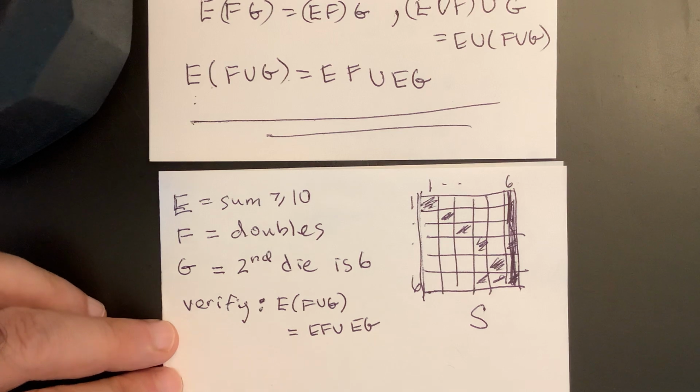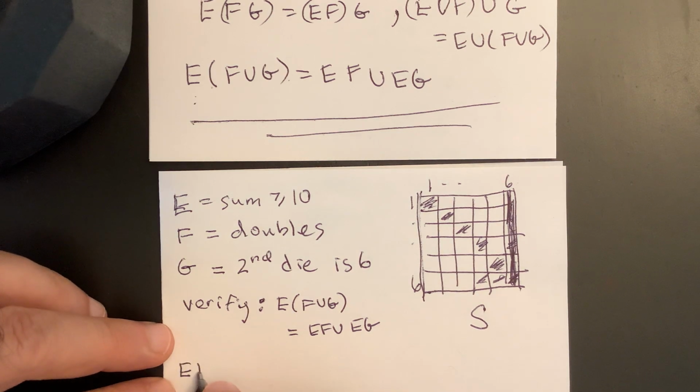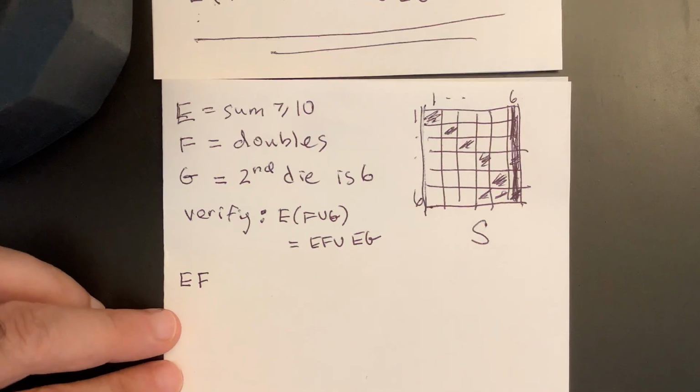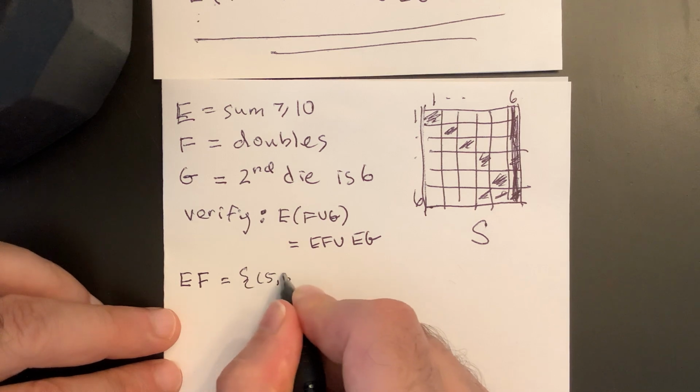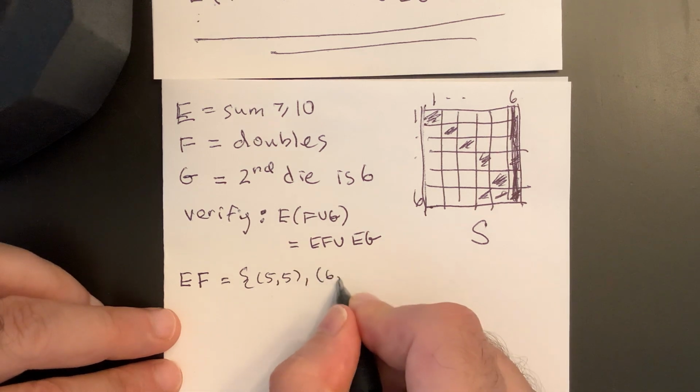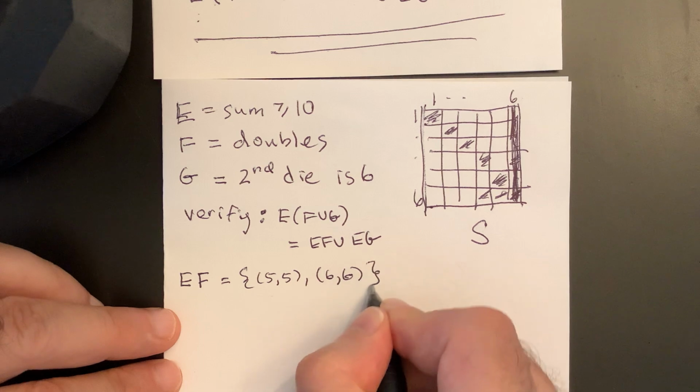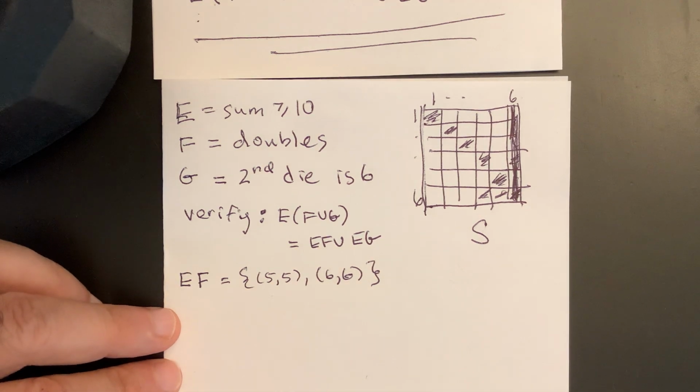Okay, so what's EF? Which sums that are greater than or equal to 10 are also doubles? So this would just be 5, 5 and 6, 6, right? It has to be in both of them.